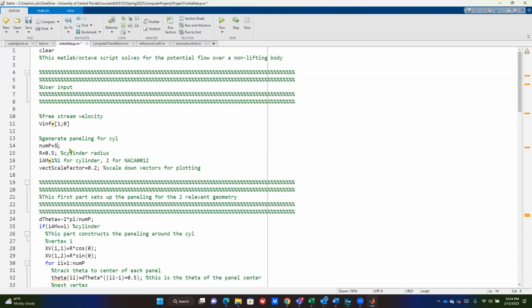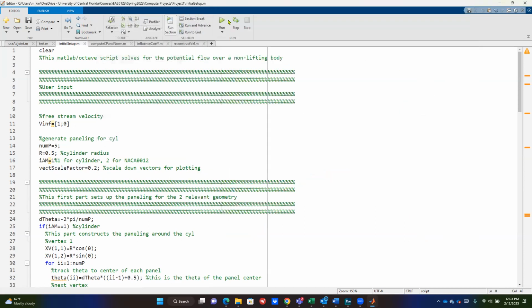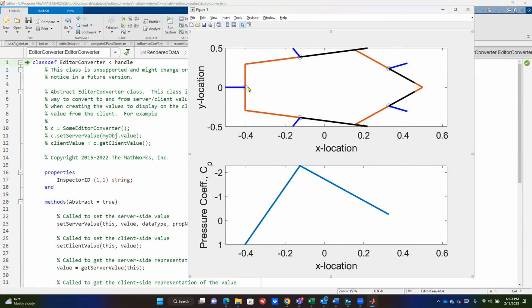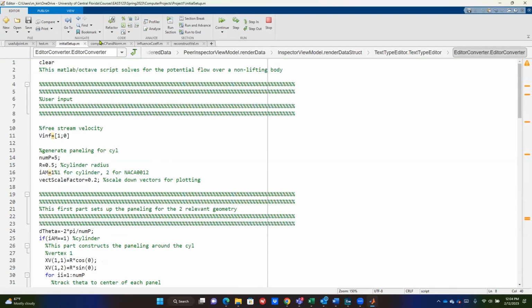So if we go to a very simple case with 5 panels, we can see we have normal vectors. It's a little bit skewed, so it doesn't come out looking normal, but it's normal. And these, so the blue are normal vectors and the black are flow tangency. You can see we're satisfying all the boundary conditions and we're getting these resulting pressure distributions.